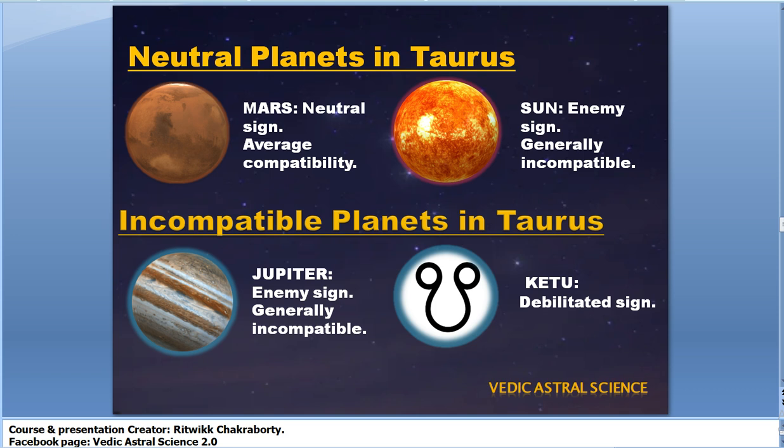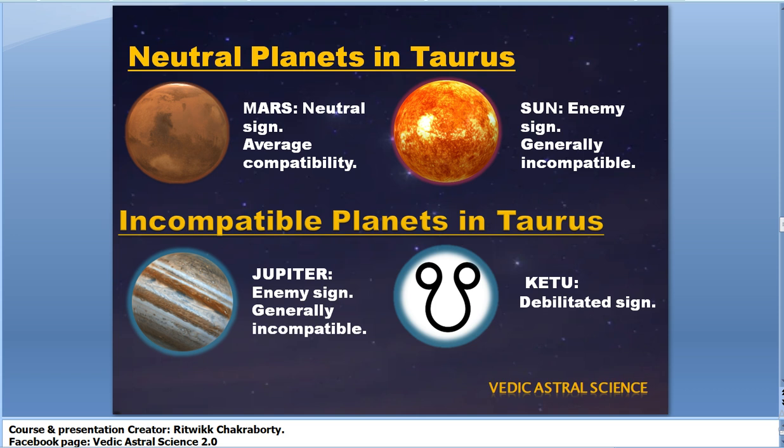Now let us see the generally incompatible planets in sign Taurus. For Jupiter, Taurus is the sign of his enemy Venus. Apart from that, Jupiter gets debilitated in an Earth sign, which is Capricorn. So signs of Earth element or rasis of Prithvi Tattva are not a very good match for Jupiter.